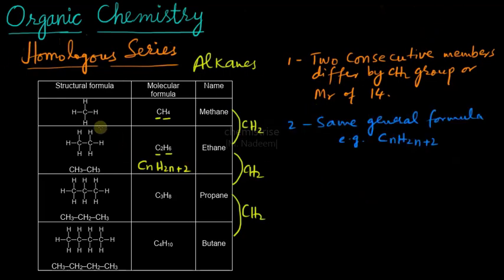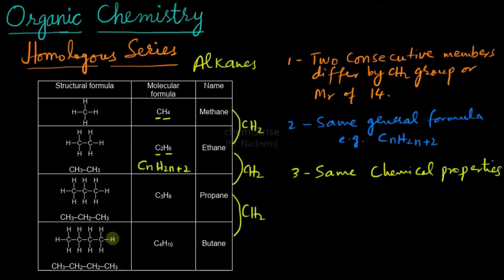Okay, and if you see the structure, all of them are hydrocarbons and all of them have carbon-carbon single bonds. Due to these similarities in their structure, they all have similar chemical properties. Chemical properties are identical because of the similarity in their structure. But as you can see, as you move down, the compounds are getting bigger in size and their molecular mass is increasing.